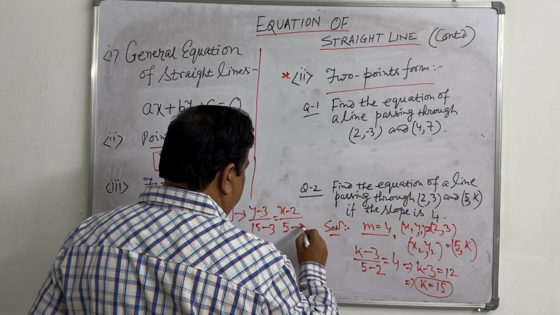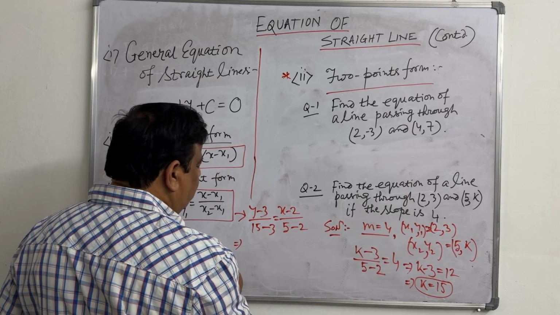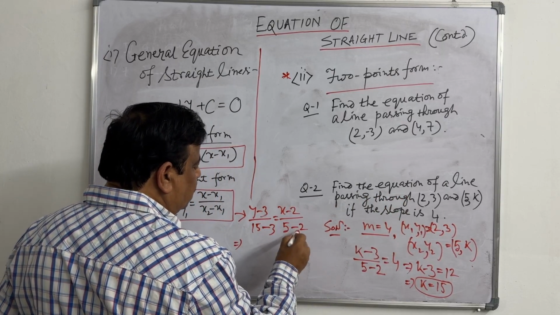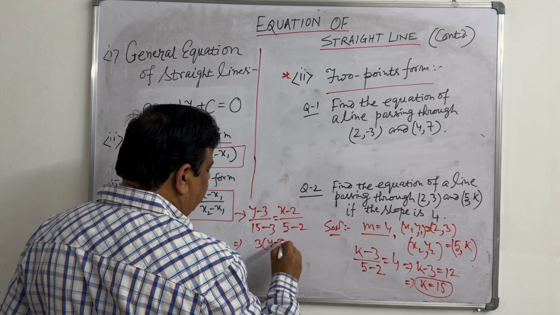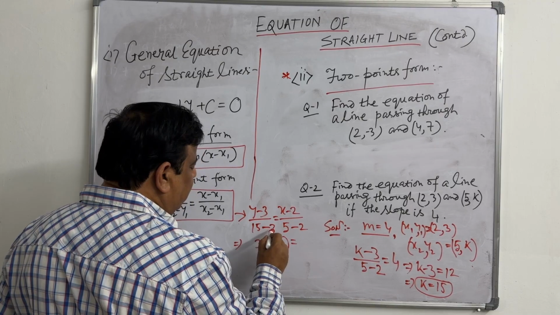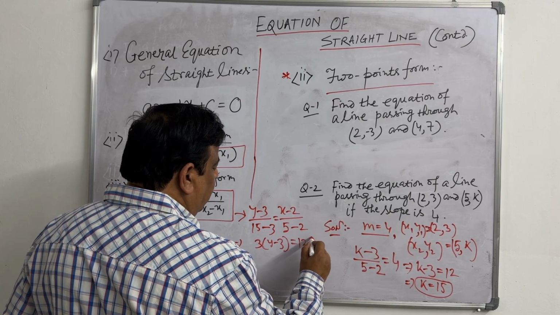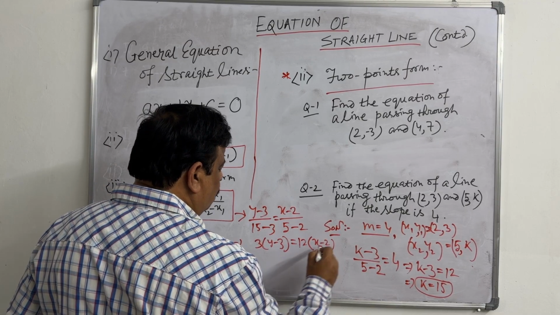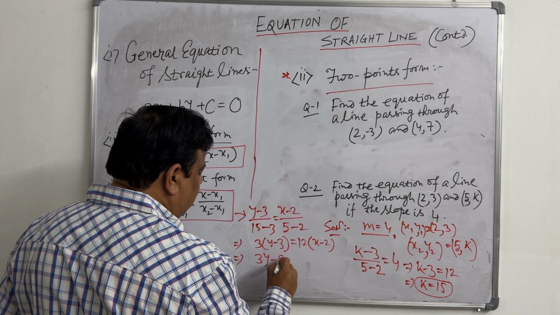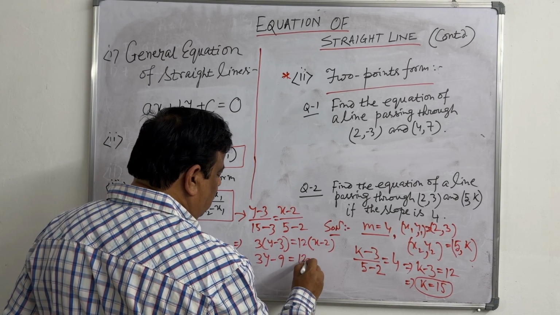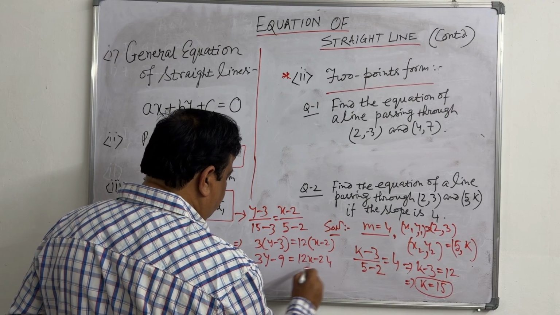That is 2. So after simplifying, you are getting 5 minus 2, 3, into y minus 3, is equal to 15 minus 3, that is 12, into x minus 2. So 3y minus 9 is equal to 12x minus 24.